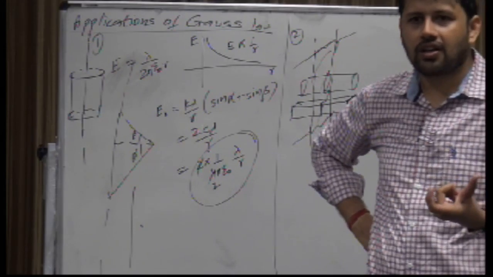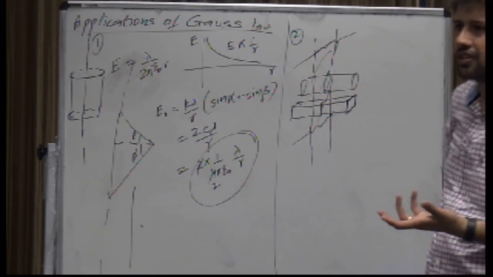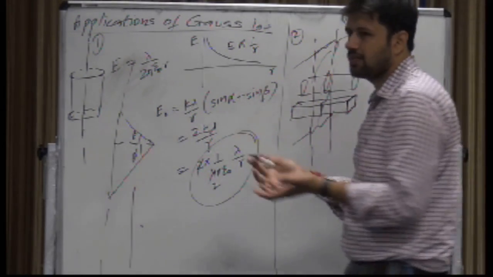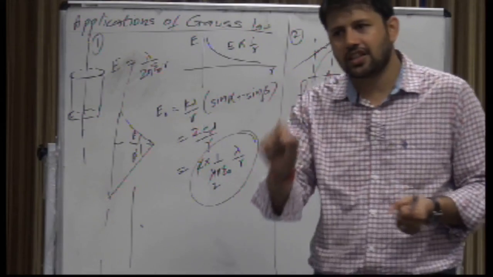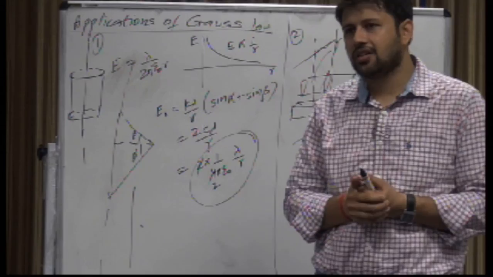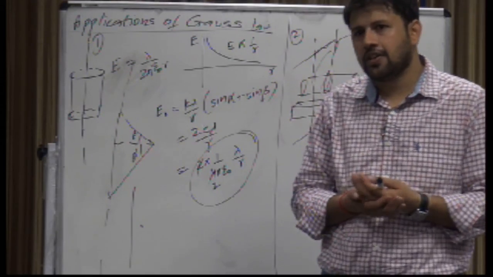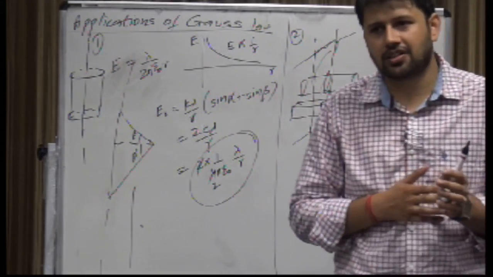Integration is a process of addition. You won't be able to add, because if things are varying rapidly, how would you calculate the flux through each and every element and add them? That's impossible. So we need some arrangements.